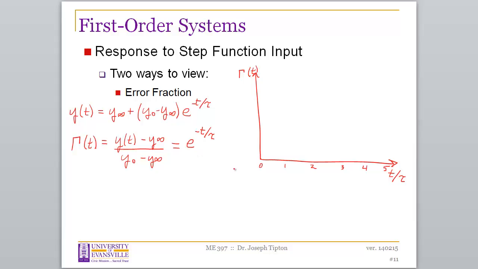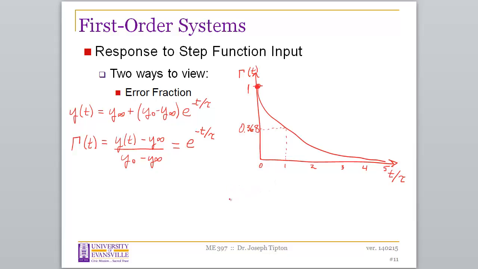So when time is 0, e to the 0 is 1. So I'm up here. And then as time increases, e to the negative increasing number makes this quantity get smaller and smaller. So we see that this decreases exponentially. And it turns out that after 1 time constant of time has passed, I have e to the minus 1, which gives me 0.368.